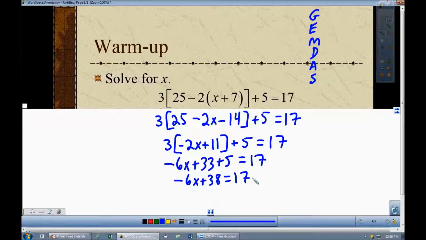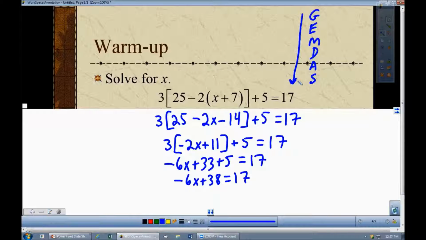So at this point, after I've simplified, I need to reverse my order of operations. I'm going to start undoing things to try to get at this x, this variable, this unknown. Now, when I'm simplifying, I need to follow the order of operations from top to bottom.